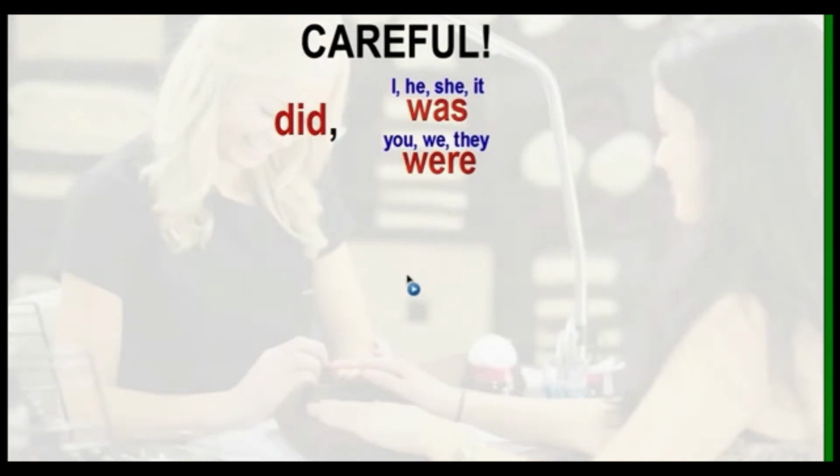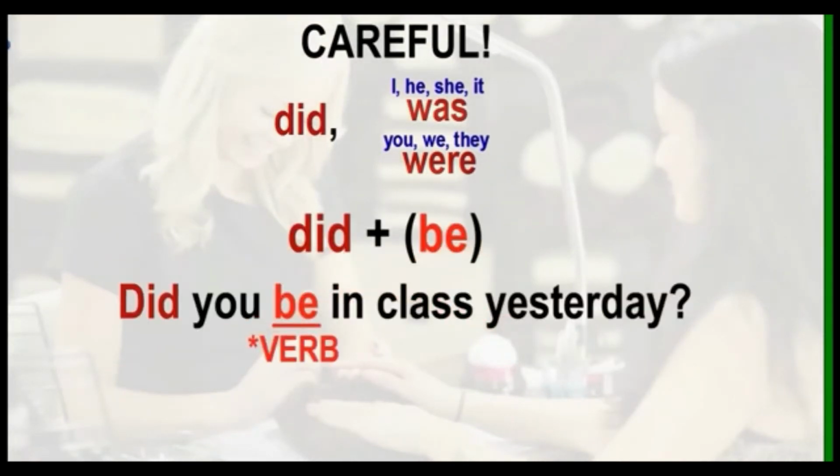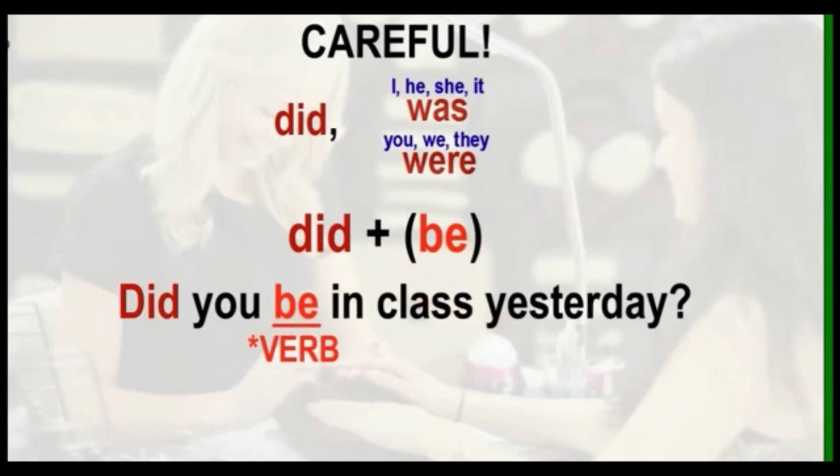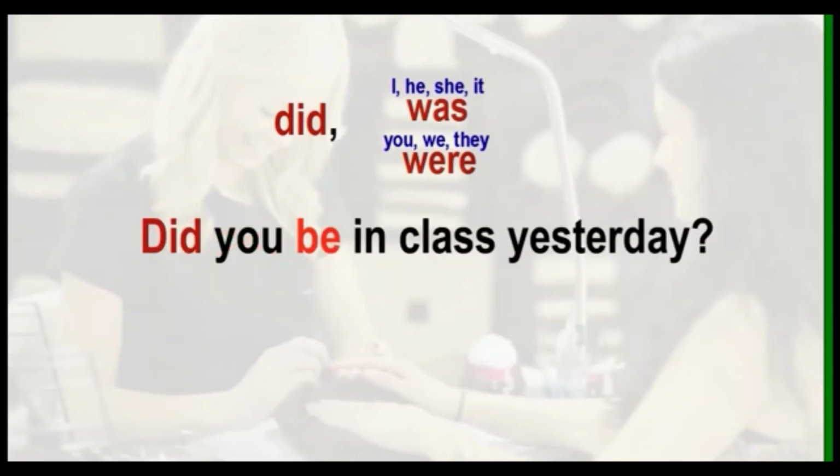Another thing to think about is that when we use the verb be in the past tense, we do not use did. Did and be are never in the same sentence. So, in the past tense question, you cannot use did when the main verb is be.